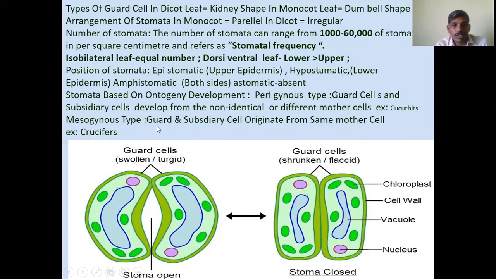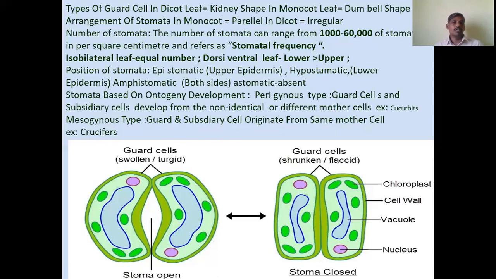If it is mesogenous type, the guard cells and subsidiary cells originate or develop from the same mother cell. Example is crucifers. Here the example is cucurbits. But in a few plants, a mixed type condition is also identified, that is mesoperigenous condition.